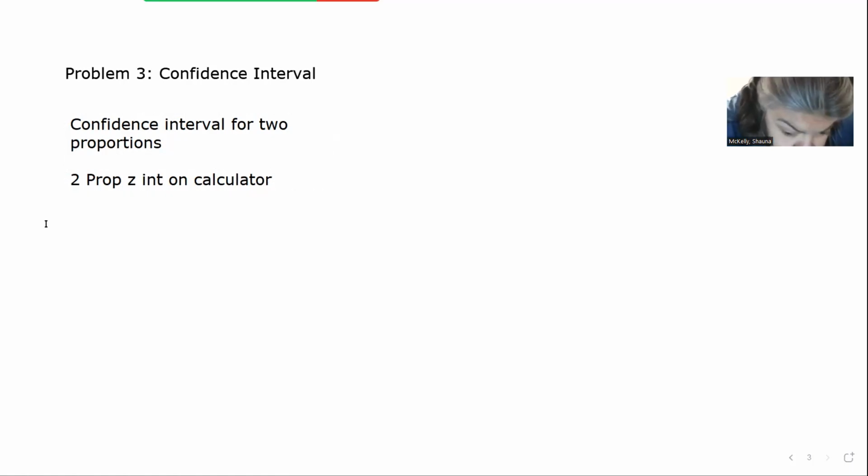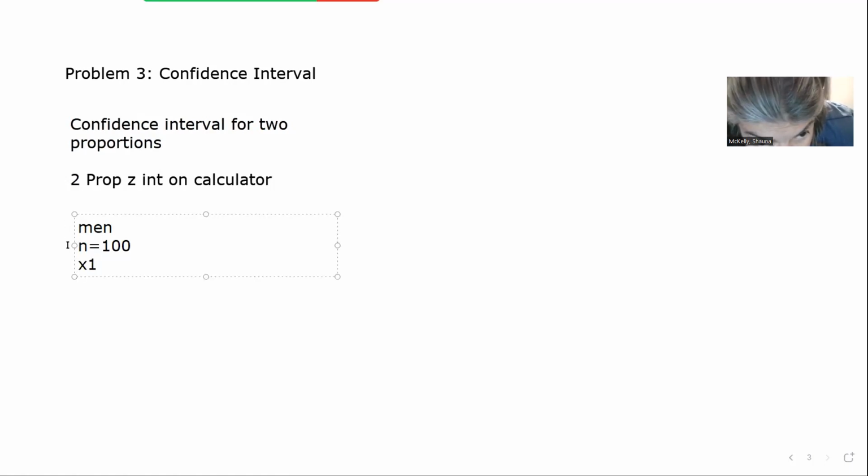So for the men, to remind you, for the men, we had n1 equal to 100, and x1, because this was group 1, we had 83.